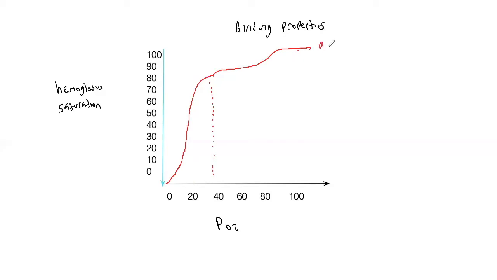And max is about 98%. I believe I read somewhere that if you wanted a full 100% saturation, you need a partial pressure of oxygen around something insane like 400. Now, there are also factors that affect binding properties, and those are going to be interesting.